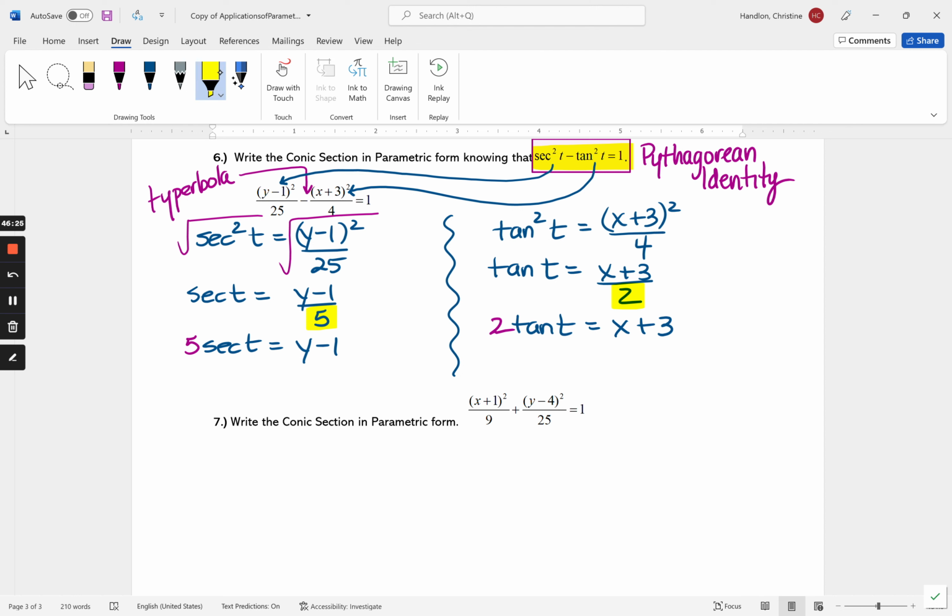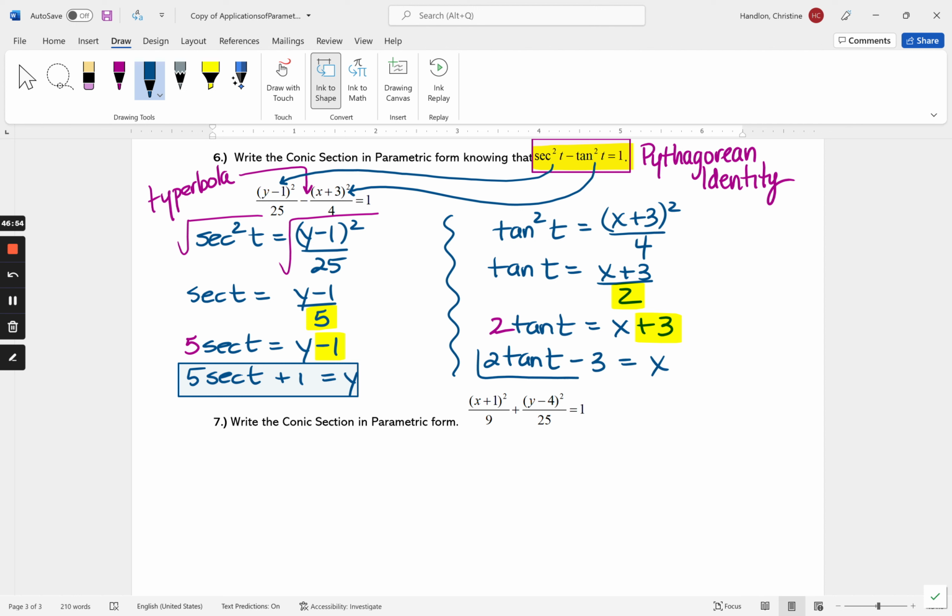The last step will always be either add or subtract on both sides. For the y, you're going to add 1 on both sides to solve for y. I'm done with that first equation. For the equation on the right, you're going to subtract 3 on both sides. And you're done. So there's your second parametric equation.